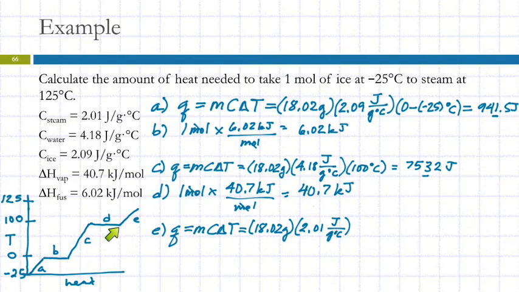But for this line segment, we started at 100. So the temperature change is the final temperature minus the initial temperature, which is 25 degrees Celsius again. And so that's going to be 905.5 joules.